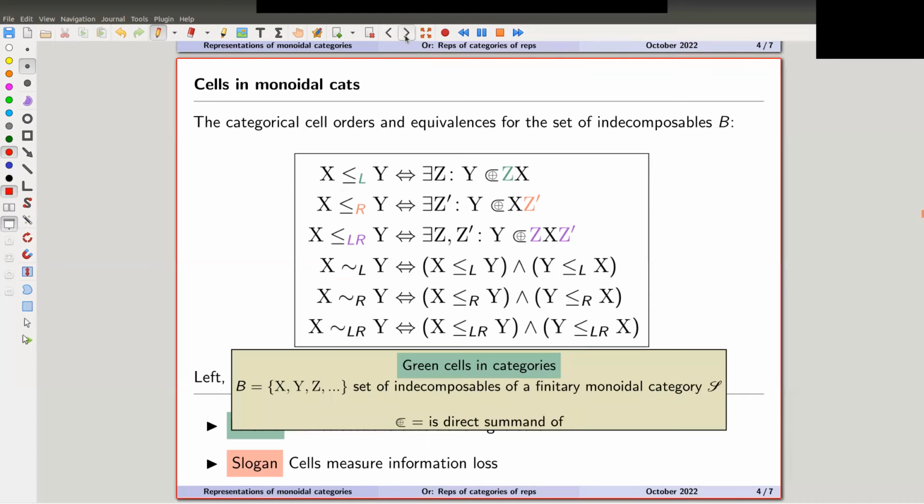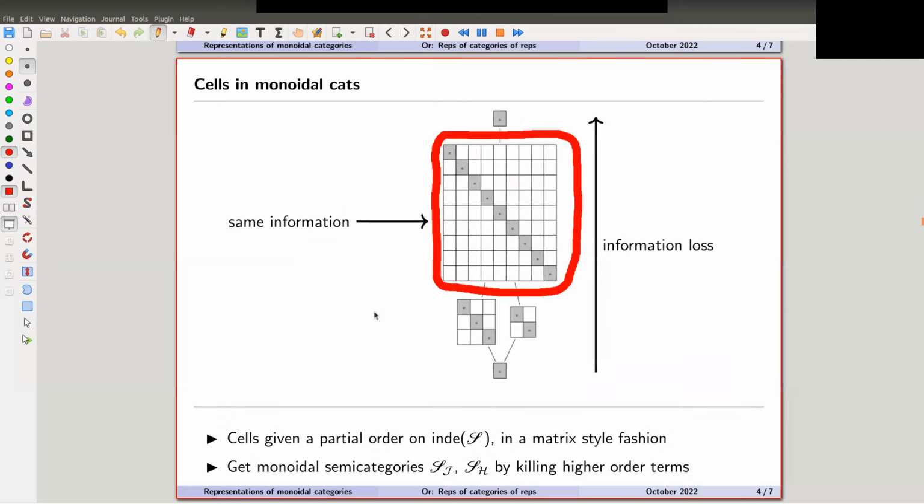But I have a nice picture for you. Essentially, it's the following idea. Every little box here represents an equivalence class of indecomposable objects, and I will start somewhere with a unit, and it will be ordered. There's some partial order involved. If you are within one box, the big box is a two-sided one. So the big box here is a left-right cell. The columns are left cells, and the rows are right cells.